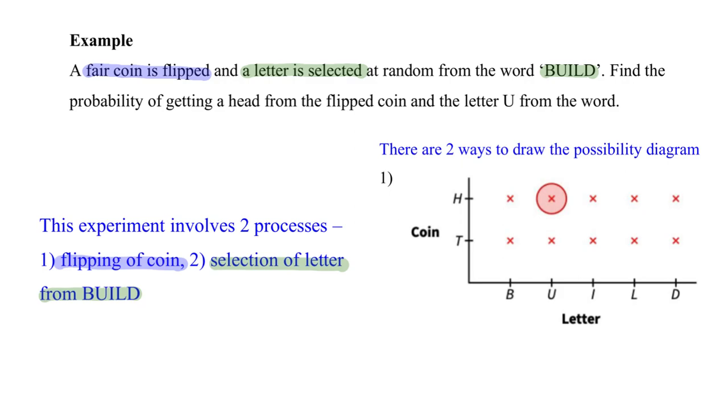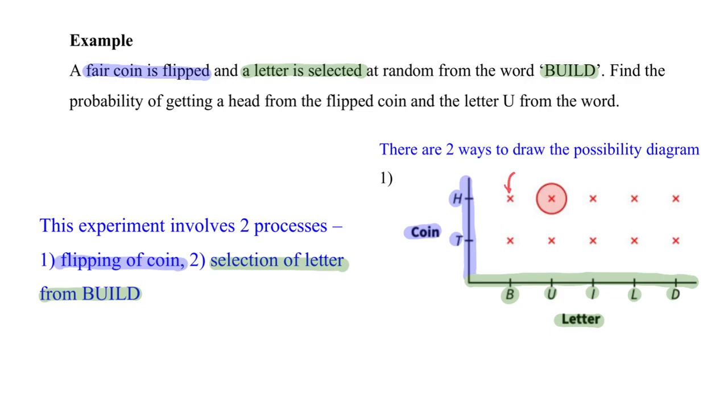where every time I flip a coin, it can either be a head or a tail. And when I select a letter from the word build, it can be either letter B, letter U, letter I, letter L, or letter D. So let me just highlight to you what this means.